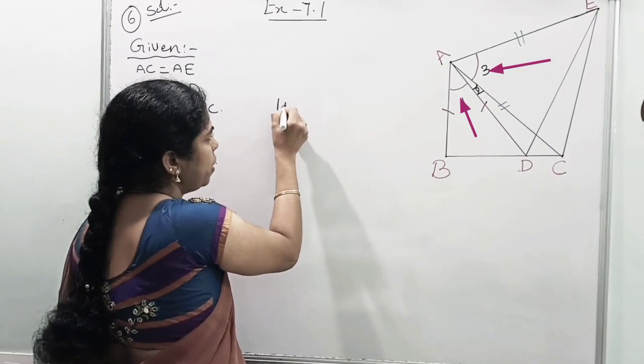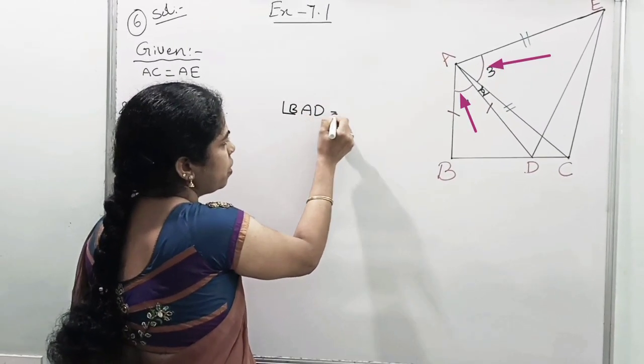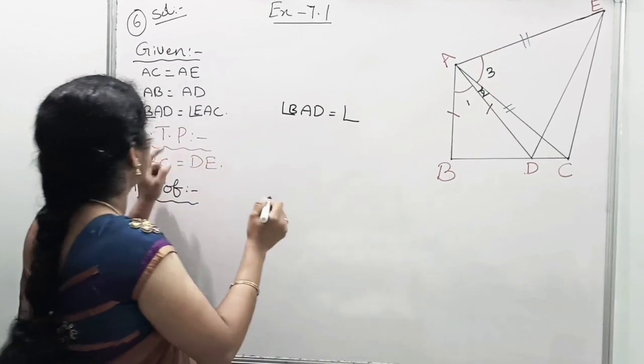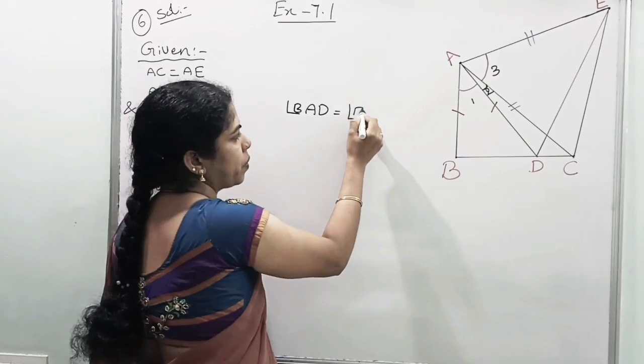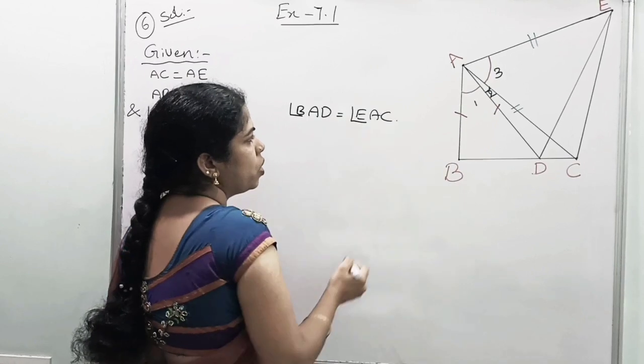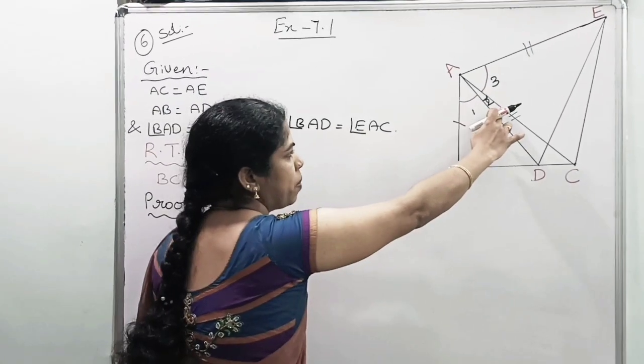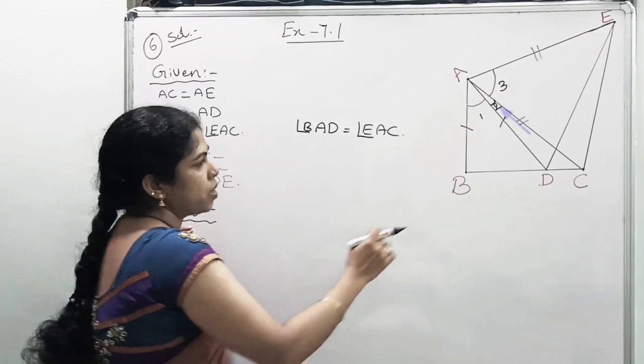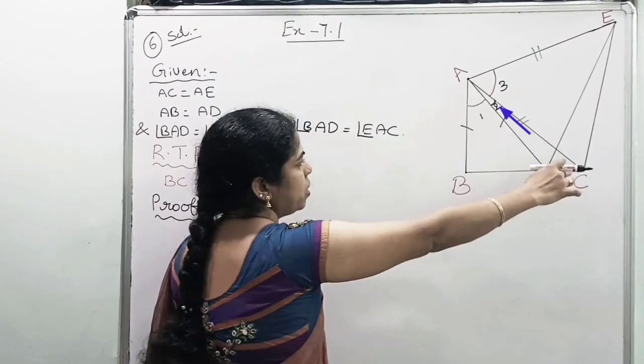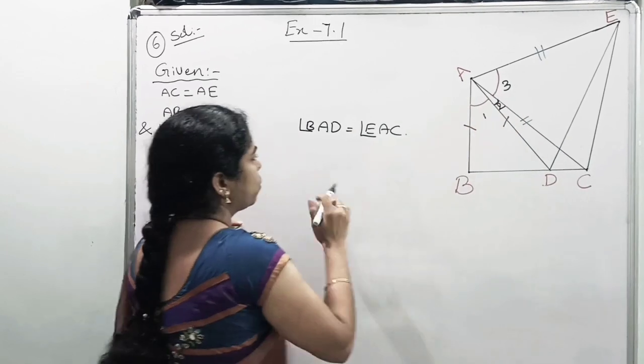Given angle BAD is equal to angle EAC. So for these two equal angles, we will be adding this missing part. That missing part is angle DAC, that is part 2.